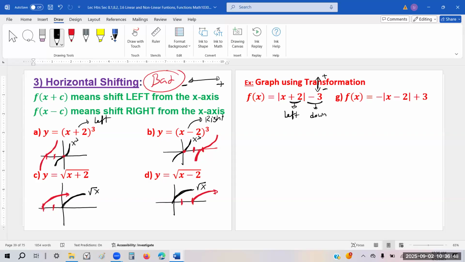But inside, it's left, right, opposite direction. If you have a number inside, you go opposite direction, left, right. If you have a number outside the original function, you go up, down by following the direction. So outside one is the cool one, the good one, but inside one is the bad one.